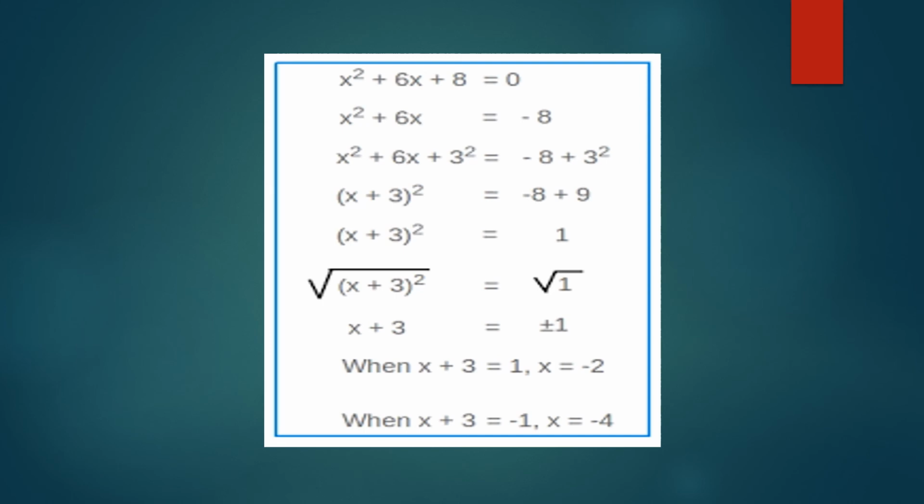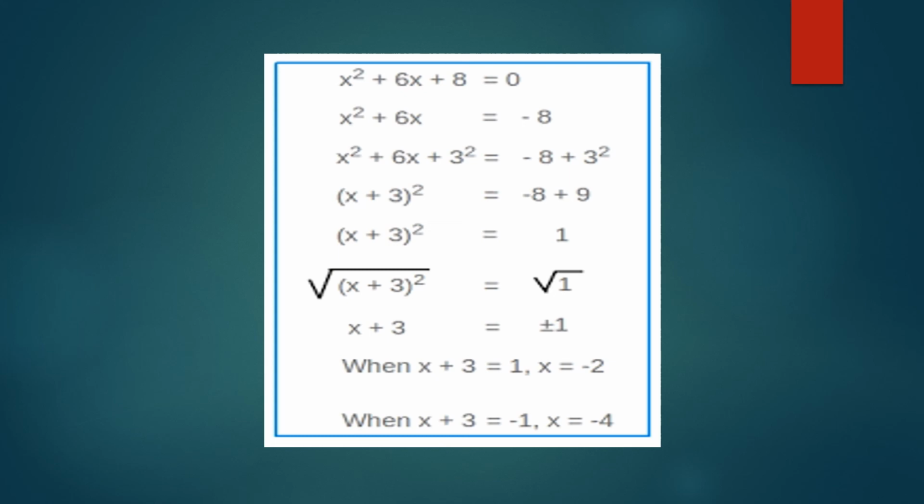Then we have to square the term 3 obtained by dividing the linear coefficient by 2. So 6 divided by 2 equal to 3. Square of 3 will become 9. So we have to add 3 square or 9 to the left hand side as well as the right hand side.